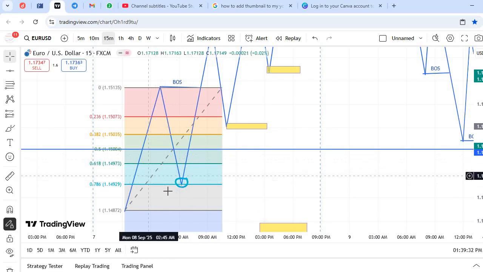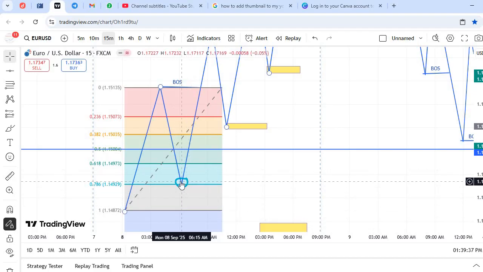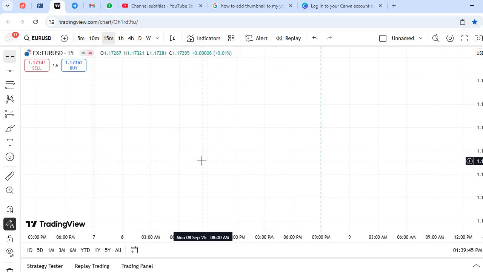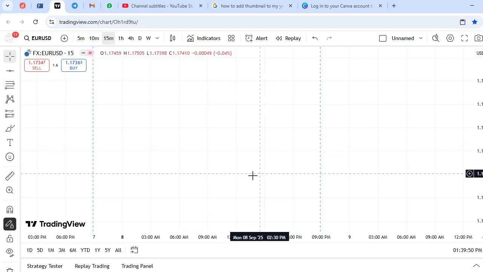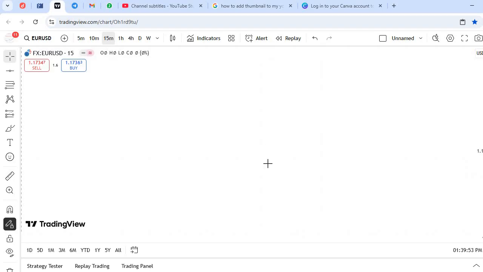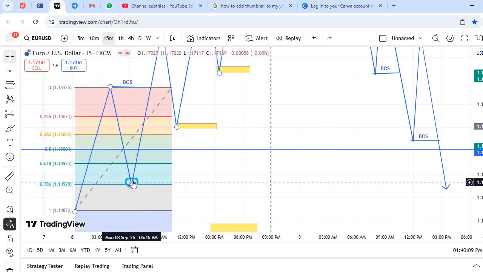At this level you are safe, because if you buy from this level, your stop loss will not be too large. So you'll be safe from this level.